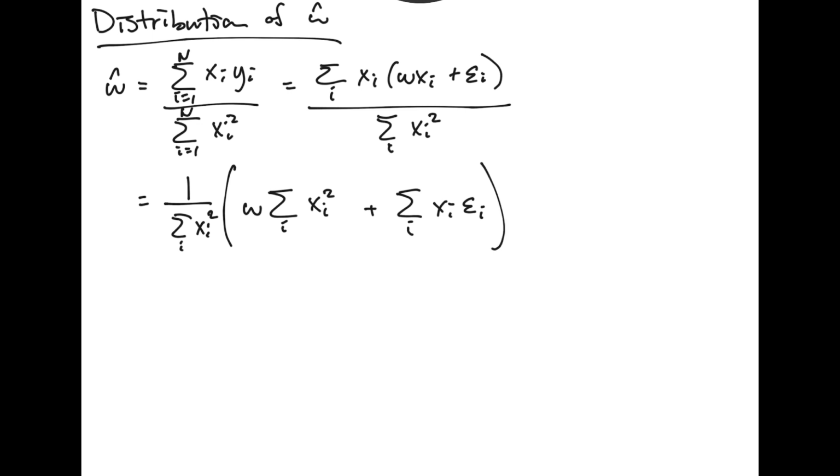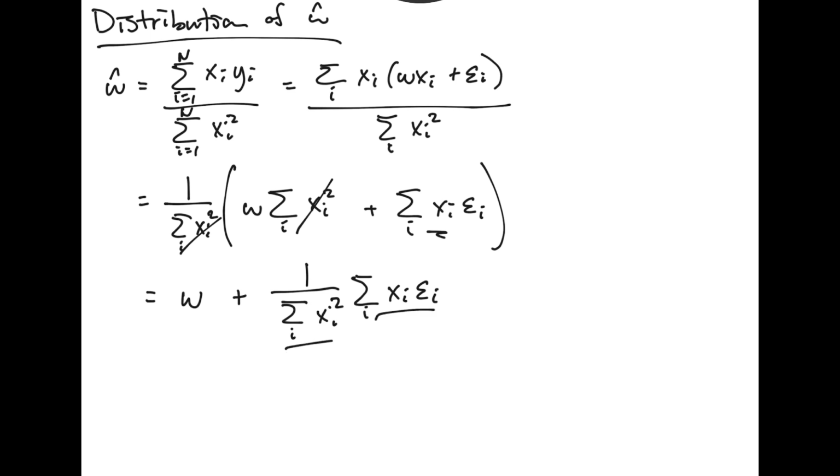Now this would cancel out with the denominator, except when it's over there. So we have w plus the sum over i of x_i epsilon_i, over the sum over i of x sub i squared. Just keep in mind these are separate i's: the summation on the top is separate from the summation on the bottom.